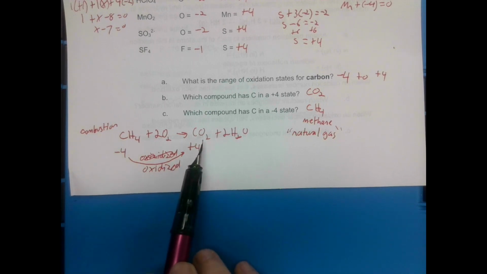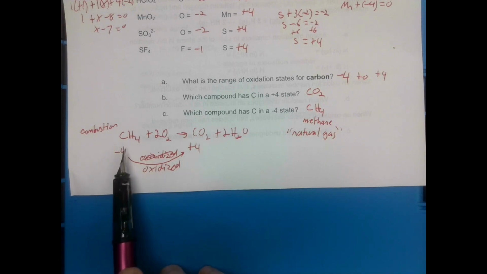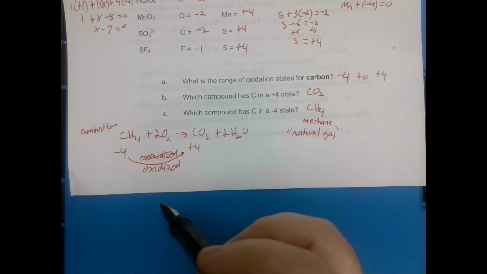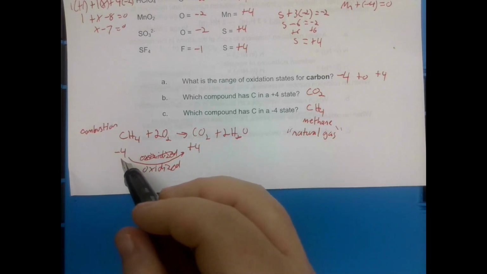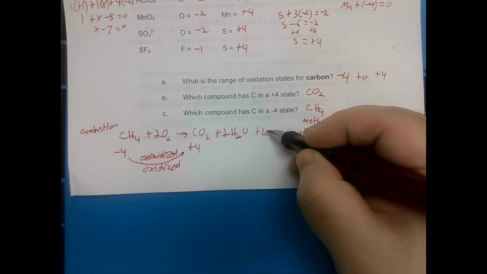When we oxidize it, we're actually adding oxygen to it. Usually when you add oxygen to something, it's being oxidized. But do y'all remember when something becomes oxidized, what's released? One is electricity, but in this case, we don't care about electricity. Energy.